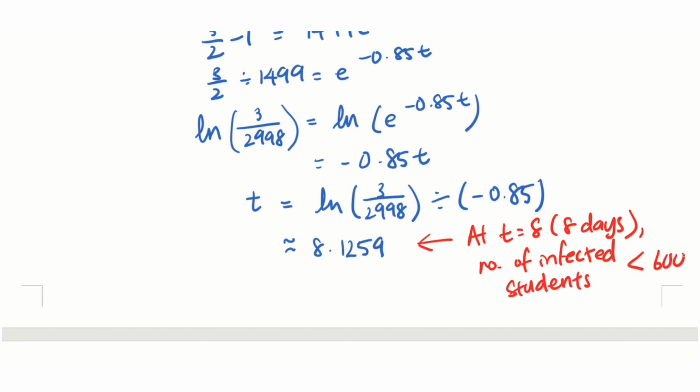So in order to have more than 600 students infected, the final answer we should choose is 9 days. So the school should cancel classes after 9 days.